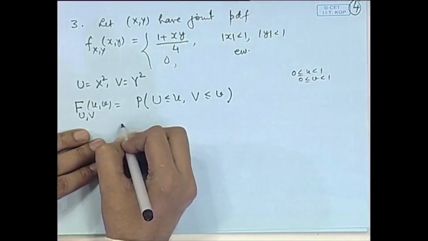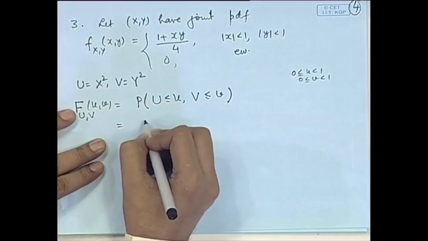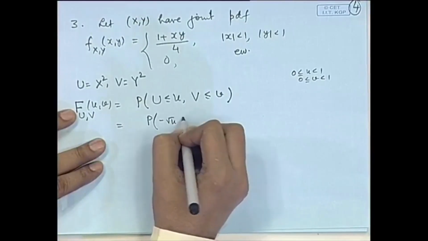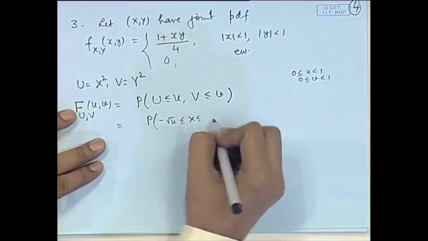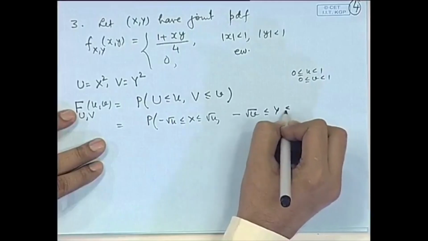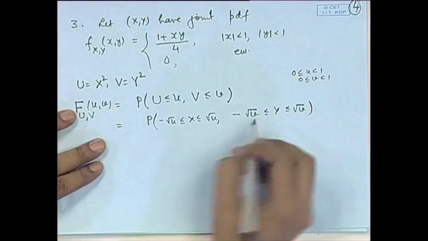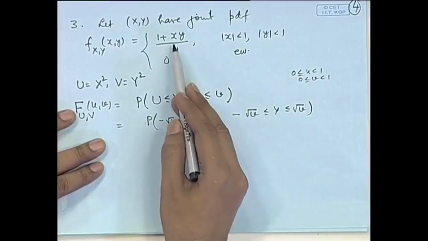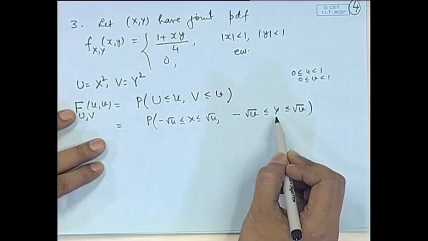So, for this case, this is nothing but probability of x lying between minus root u to plus root u and y lying between minus root v to plus root v. So, this is nothing but the integration of the joint density over this region.